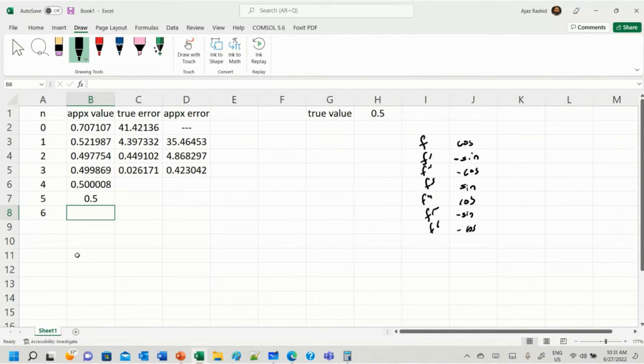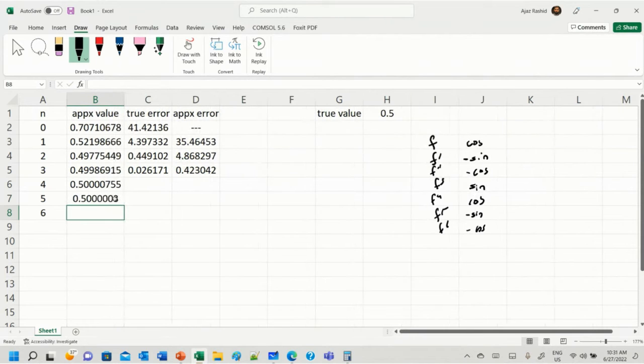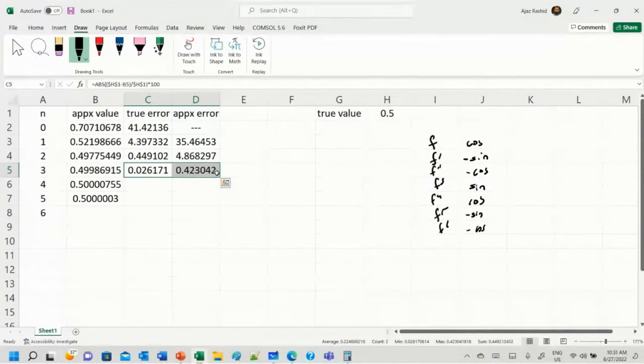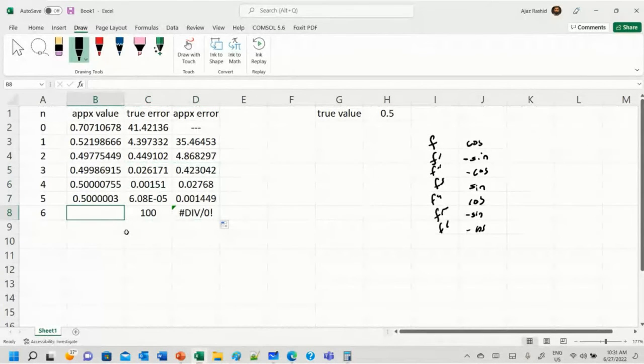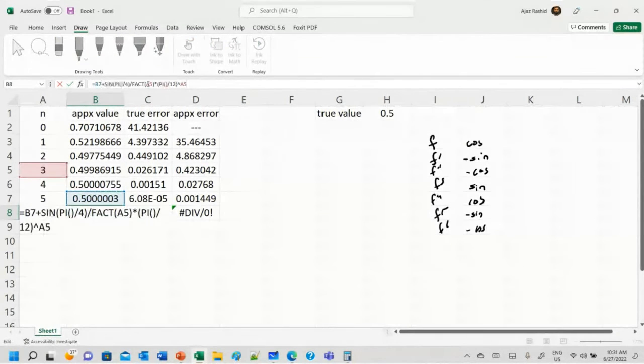It seems we reached the true value or very close to it. Maybe if I expand, I'll get more numbers. And of course, I can copy this down to get the errors. Oops, we didn't do the last one. So that's minus cosine.